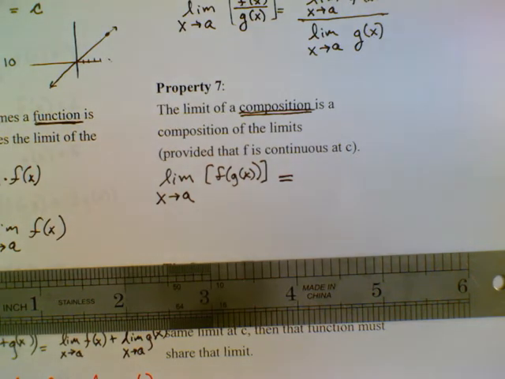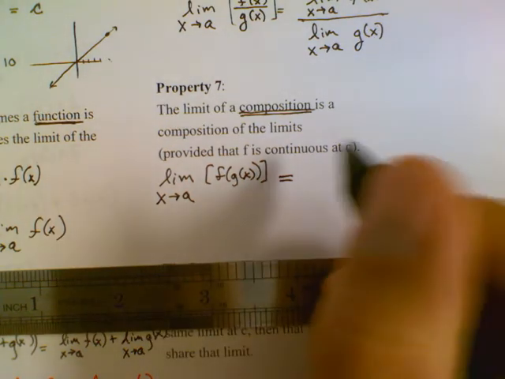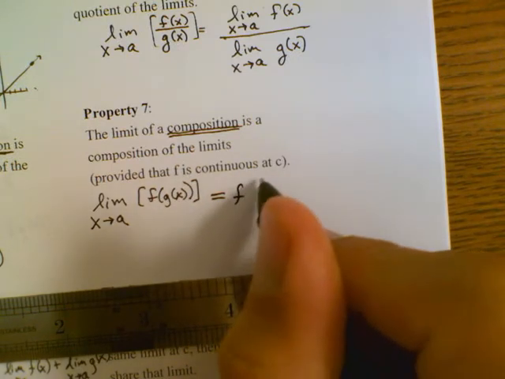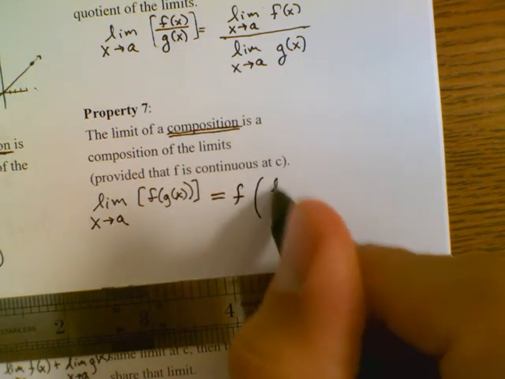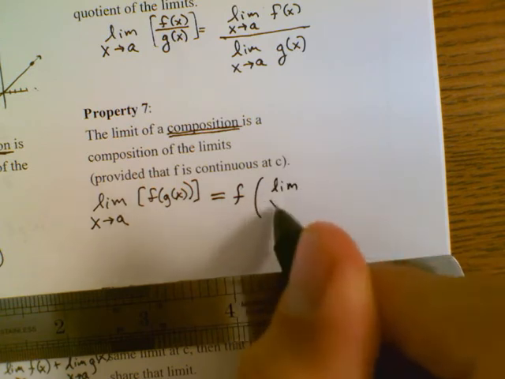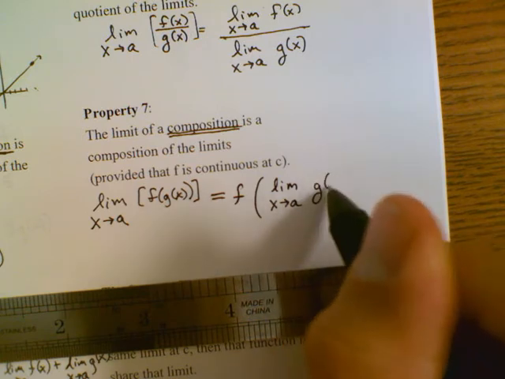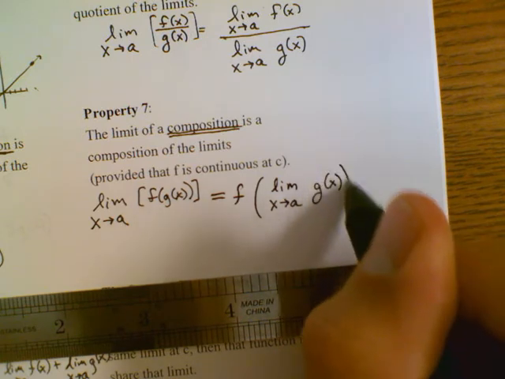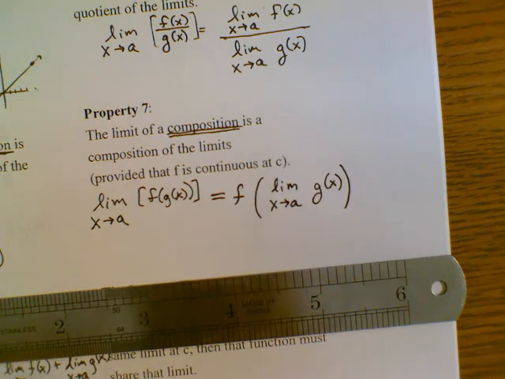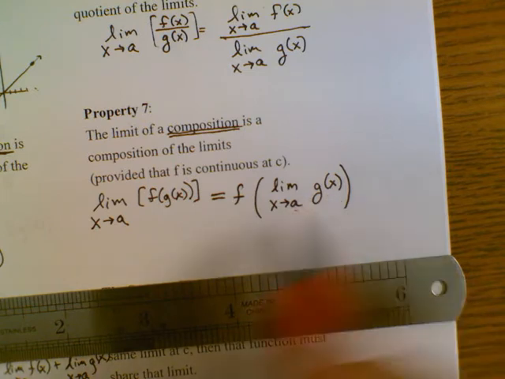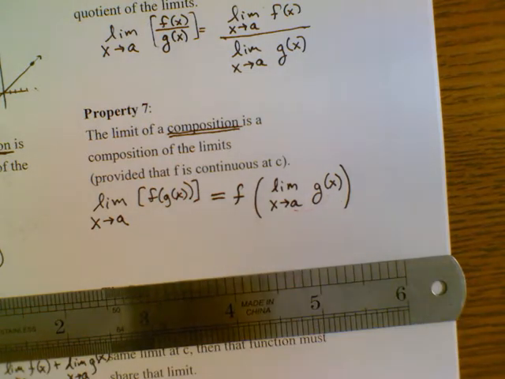We're going to take f of, we're going to take the limit of the inside function. All right, that's exactly what that means. So basically, what you can do is take this a, put it right there, find out what that number is, and then just do f of that number.